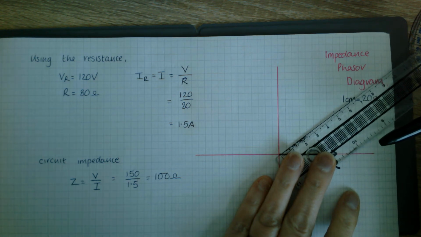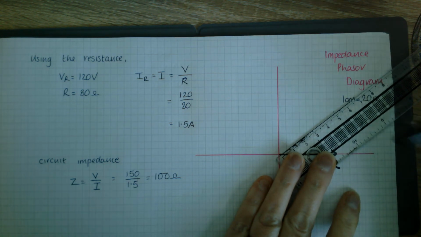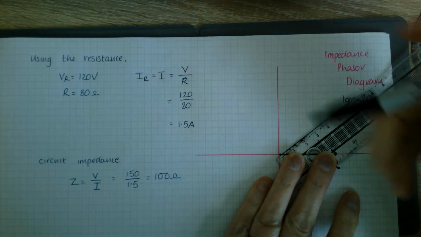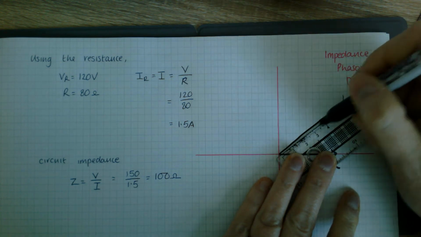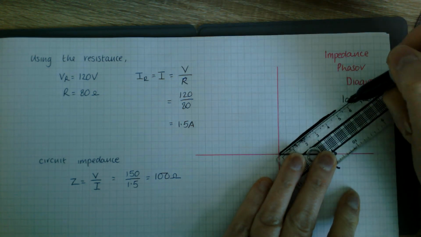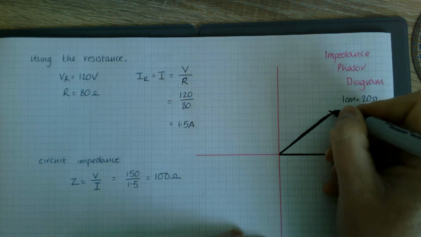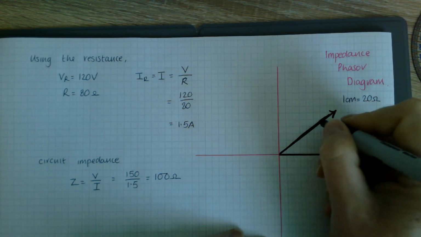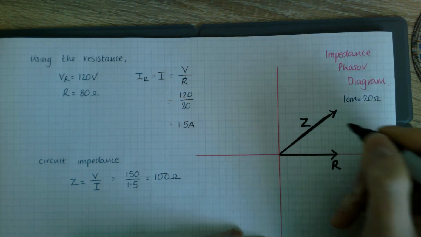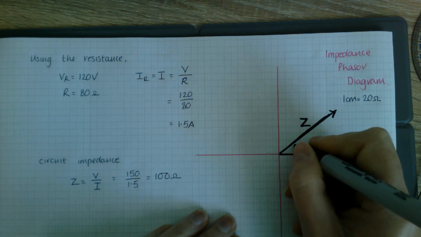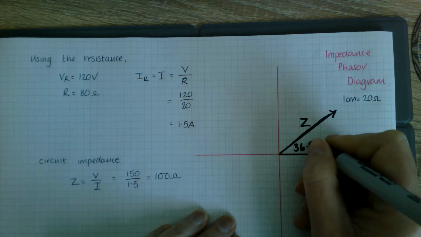So going out from that origin, up to that point there, that's 5 centimetres. So that's my Z. And my angle in there is my 36.87.